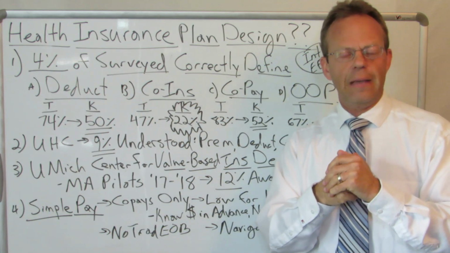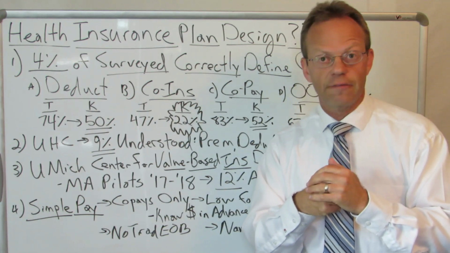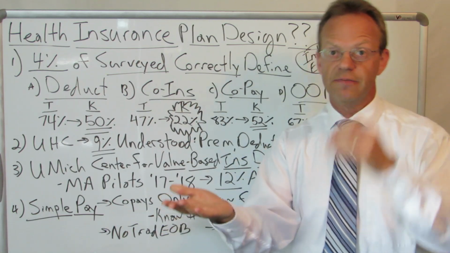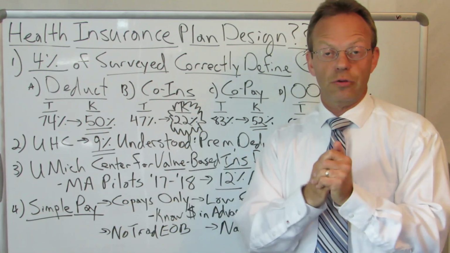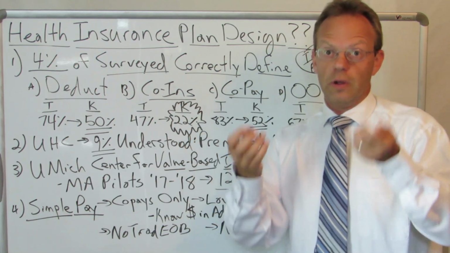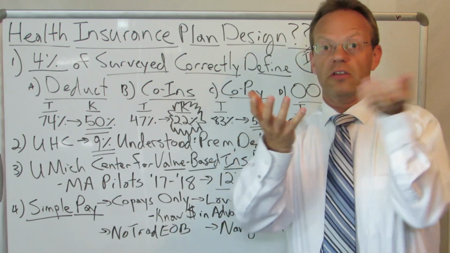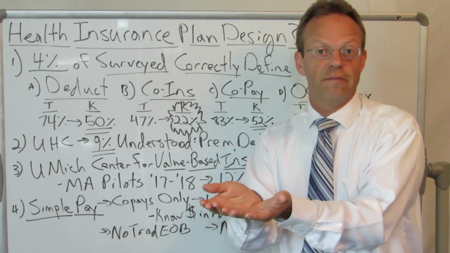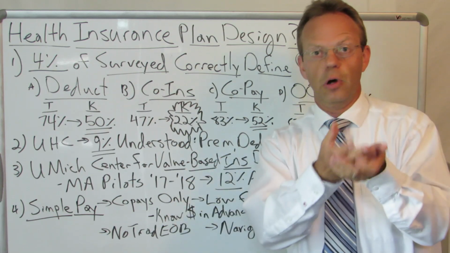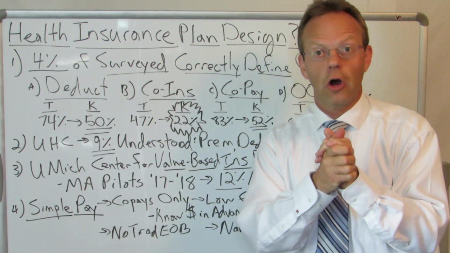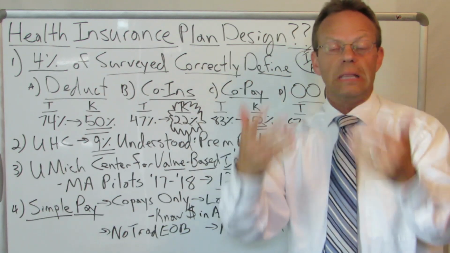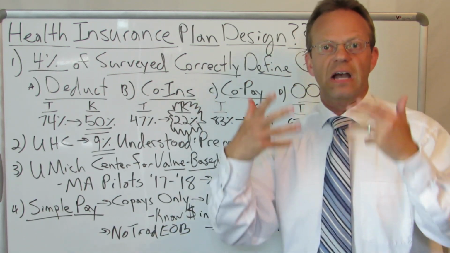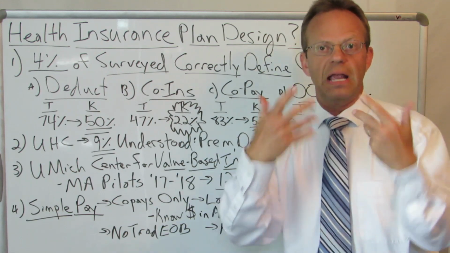For example, a primary care physician copay is less expensive than a specialist copay, so that people know that if they're going to a specialist, it's going to cost them more. And so maybe they would choose the less expensive primary care physician at the lower copay as opposed to the specialist at the higher copay, right? So it's using the plan design to create a financial motivation for behavior change.